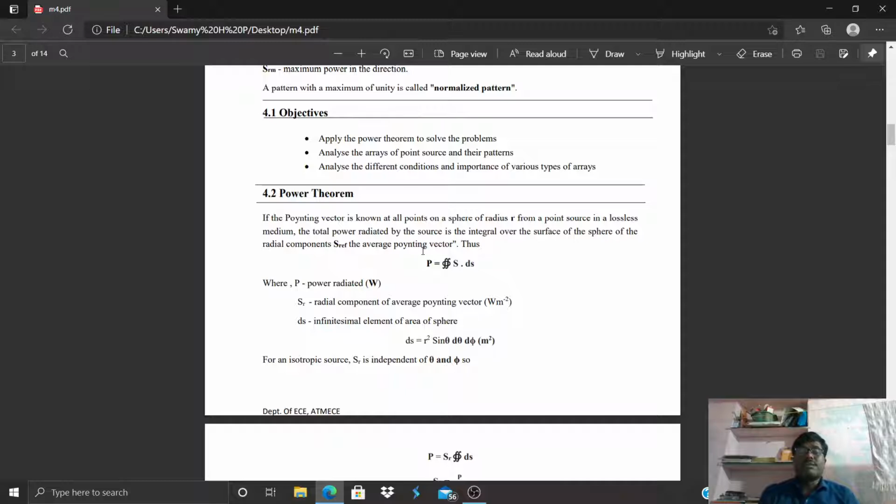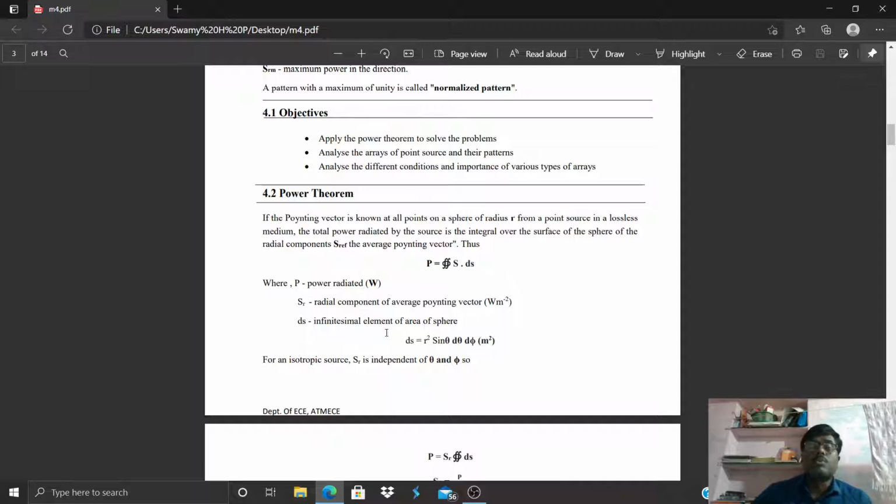The power theorem states that if the Poynting vector, that is power per unit area, is known at all the points on a sphere of radius r from a point source kept in a lossless medium, then the total power radiated by the point source is equal to the integral over the surface of the sphere of the radial component of the average Poynting vector.